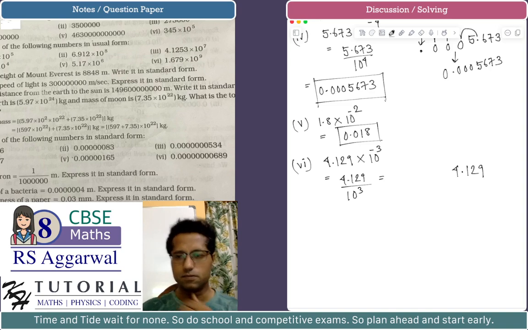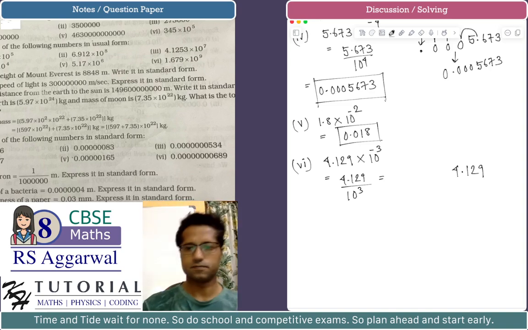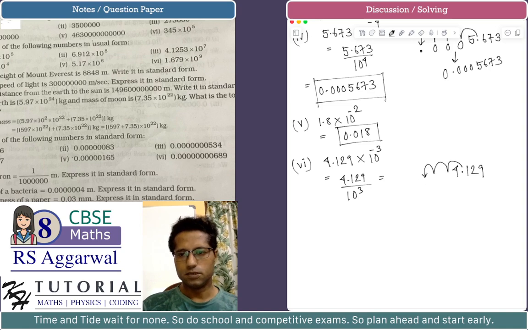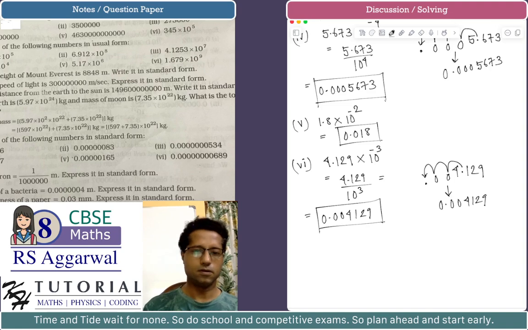So I have to shift the decimal point to the left hand side by 3 places. So 1, 2, 3. This is the decimal point, 0, 0. So I have 0.004129. So this is the number in usual form.